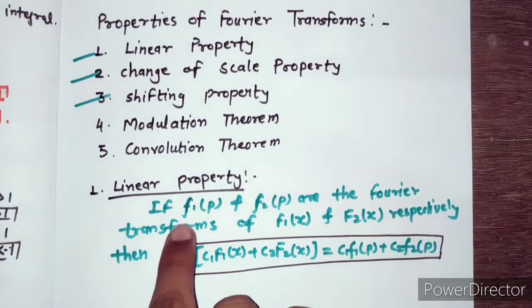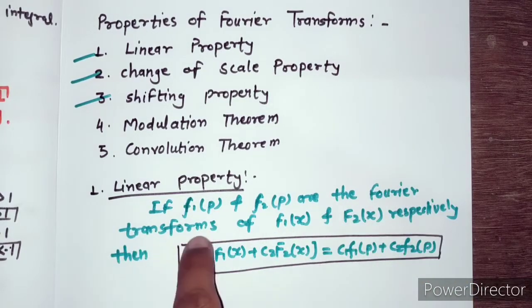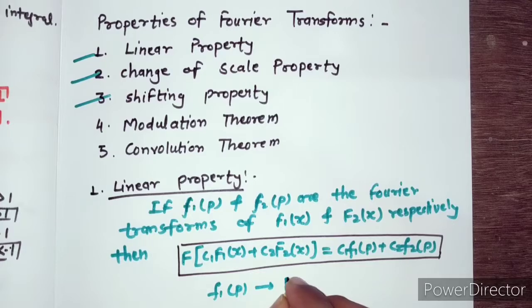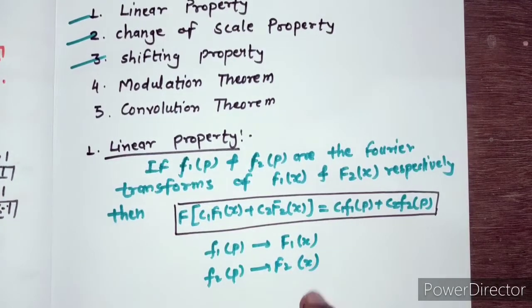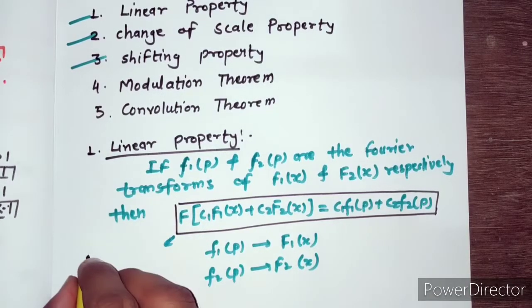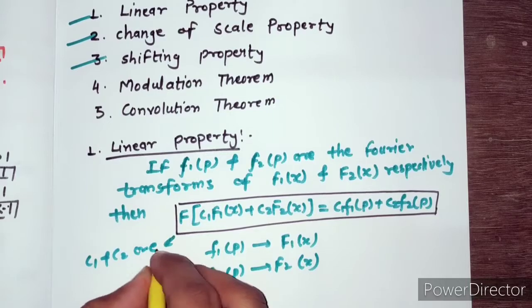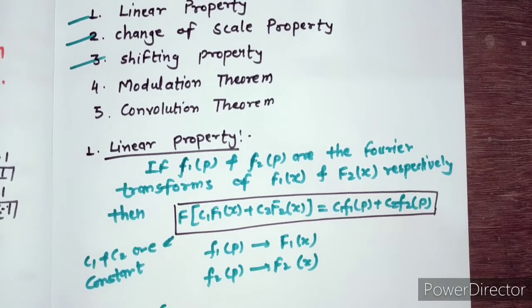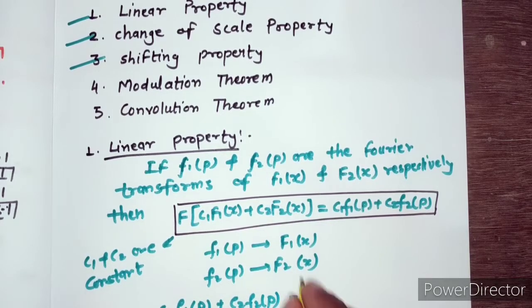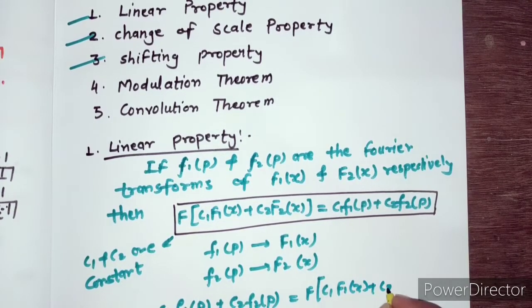If F1(p) and F2(p) are the Fourier transforms of f1(x) and f2(x) respectively, and c1 and c2 are constants, then the transform of c1 f1(x) plus c2 f2(x) is written as c1 F1(p) plus c2 F2(p).